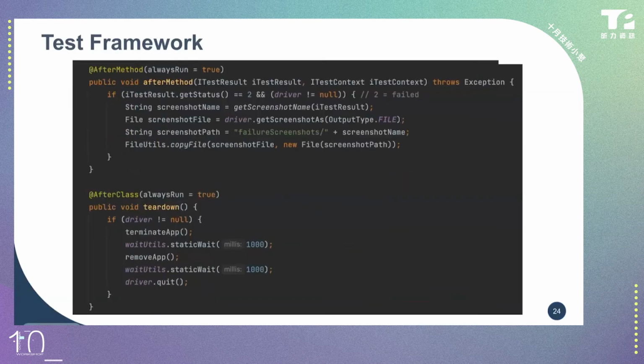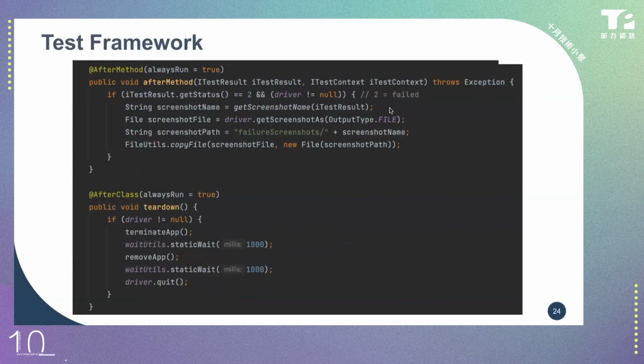Now, additionally, we will also have an after method and an after class method. So in our after method here, for example, this one will be run after each of our test methods. We will check the result of our test. And then if it is failed, we take a screenshot here.